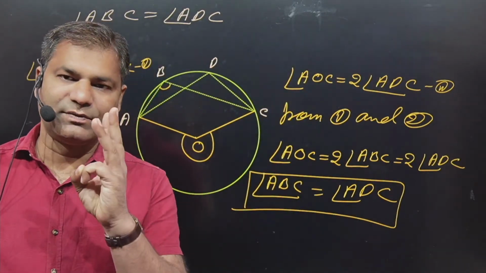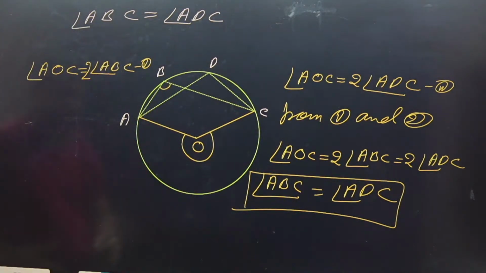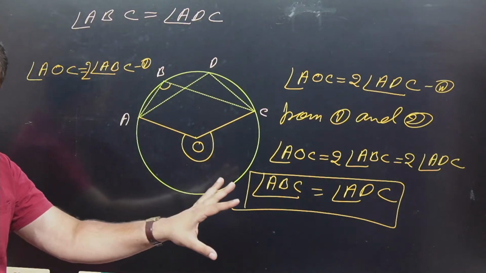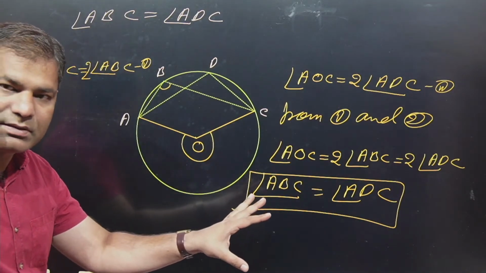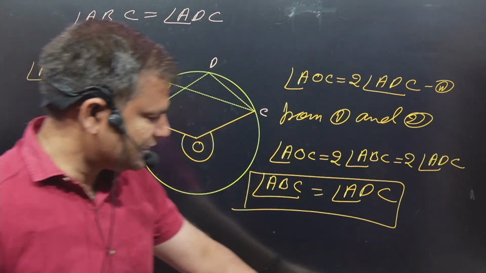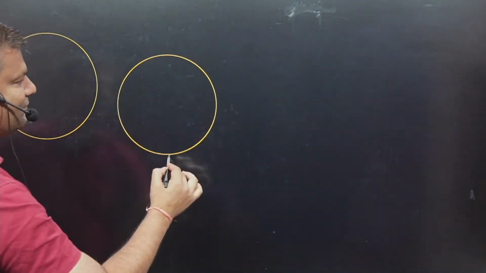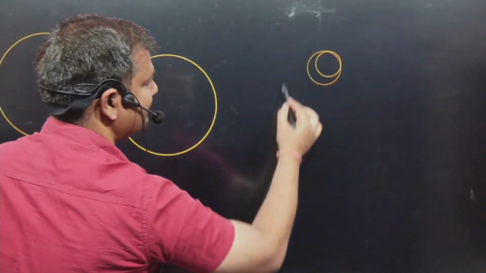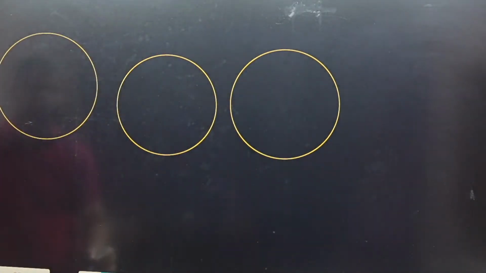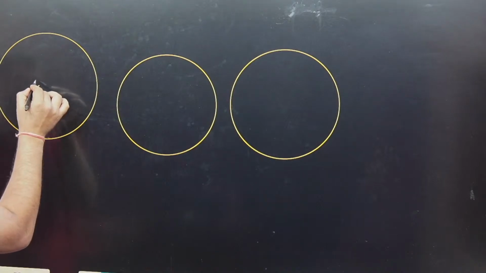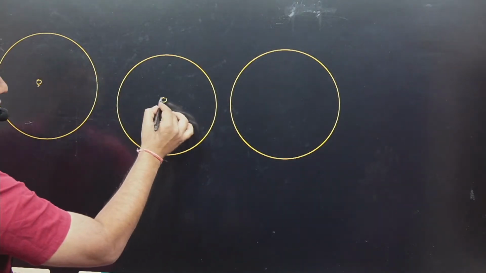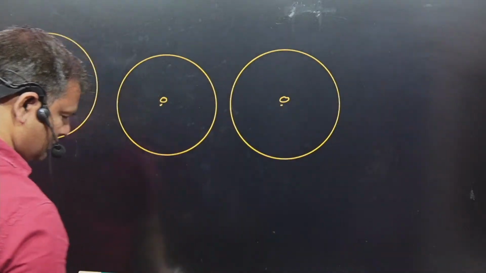So we have checked 3 possibilities. Is this one clear or not? Here we assume 3 possibilities. In the first possibility, O is the center.